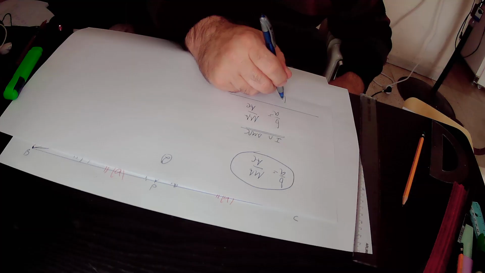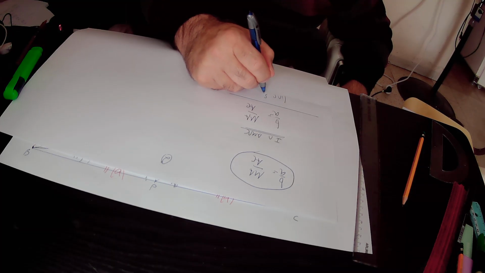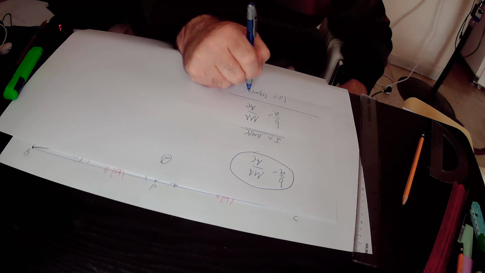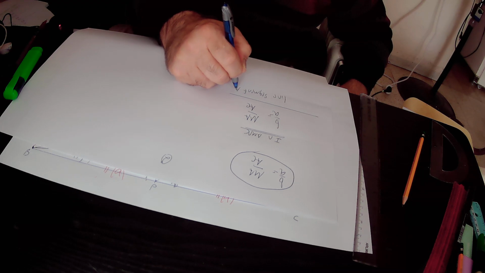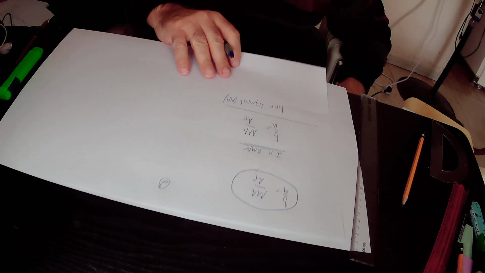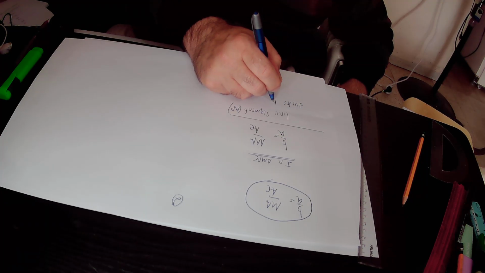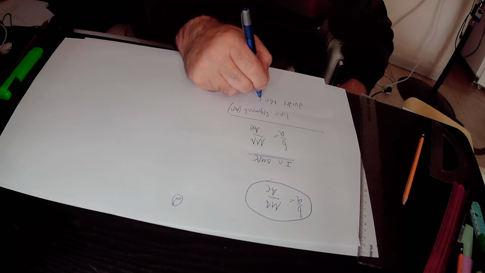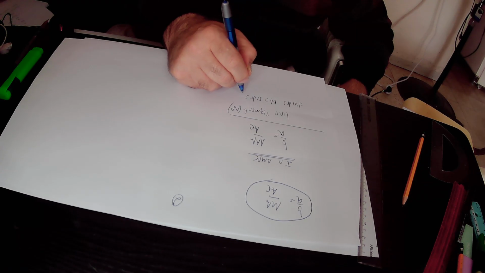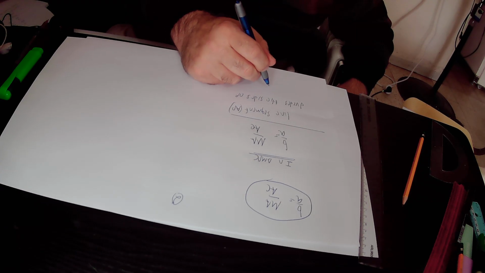So line segment AP divides the sides of the right triangle MPC proportionally.